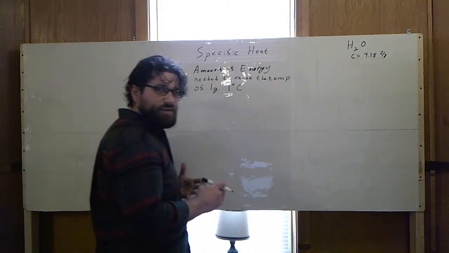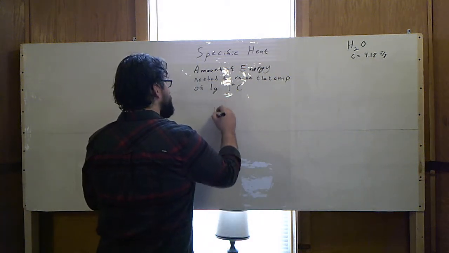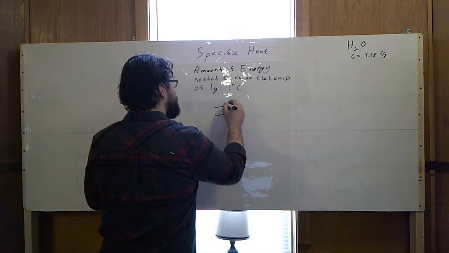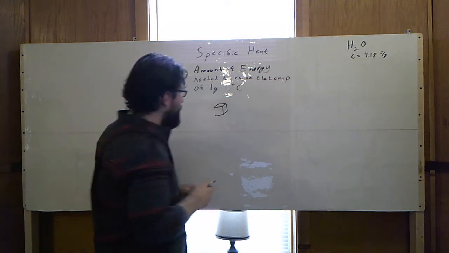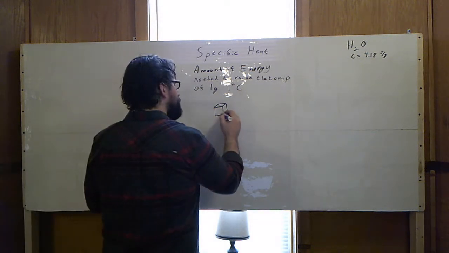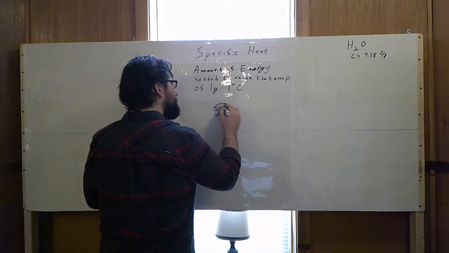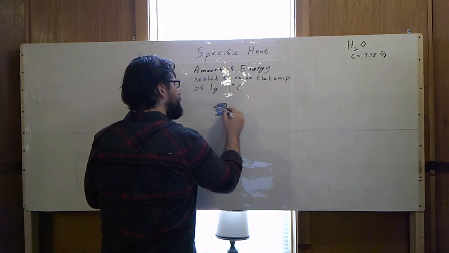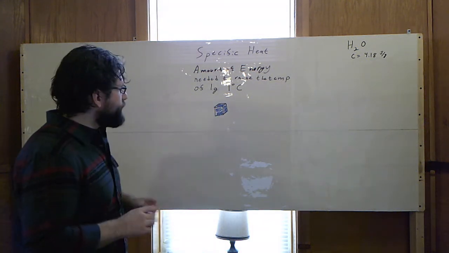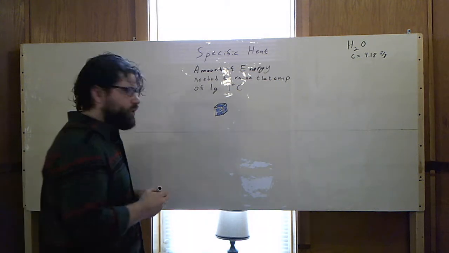Let's just draw a box here, a box of water. Okay, got a little cube. Fill it with water. Remember, it only works if you make the sound effects. And then this would be 1 gram. We're calling this 1 gram of water.